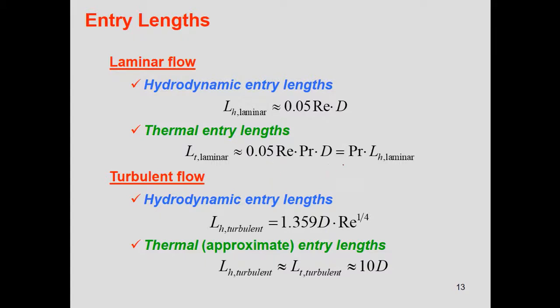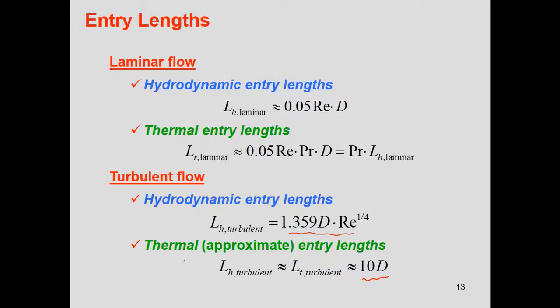Pr is the Prandtl number. For turbulent flow, the hydrodynamic entry length is 1.359 times the hydraulic diameter times Reynolds number to the power 1/4. The thermal entry length for turbulent flow will be almost 10D, which is equal to the hydrodynamic entry length as well.